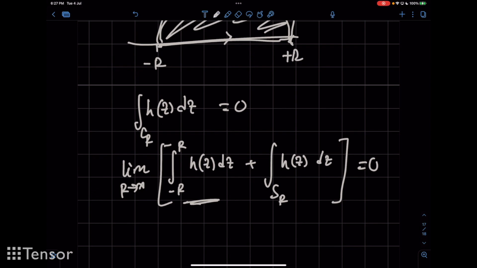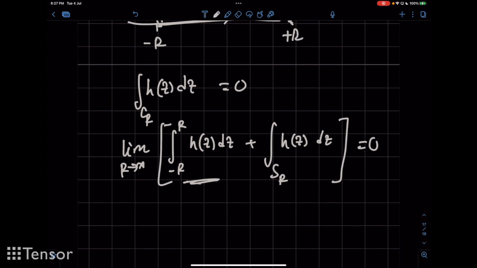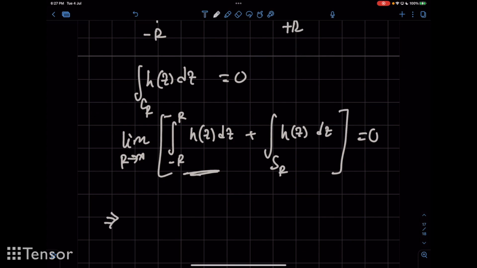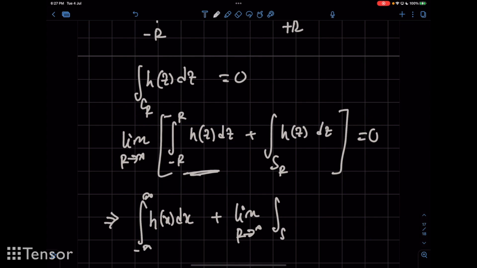And limit is distributive, so we get the integral from negative infinity to infinity of h of x dx. It doesn't matter if we change the integration variable. And as r goes to infinity, the integral over SR of h of z dz is equal to 0.